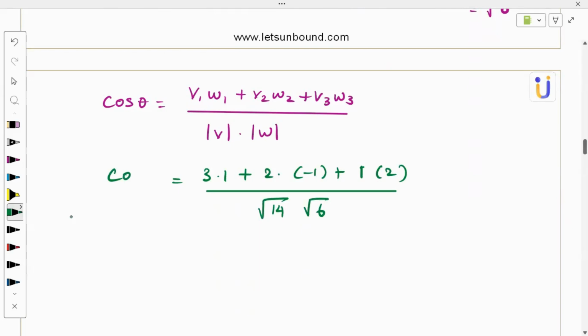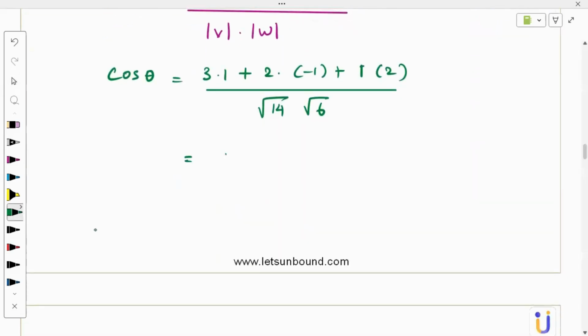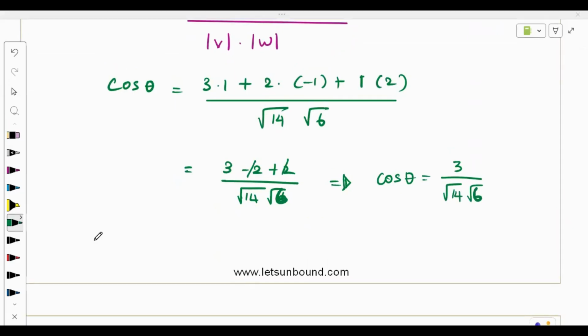What is our range for theta, the angle? We can simplify it further: 3 minus 2 plus 2 by root 14 times root 6. Simplifying, cos theta equals 3 by root 14 root 6. What is theta? Cos inverse of it.